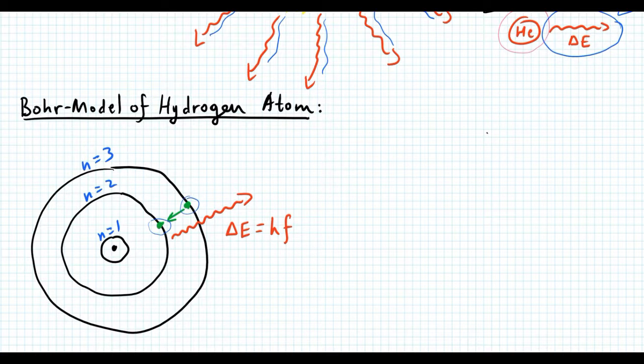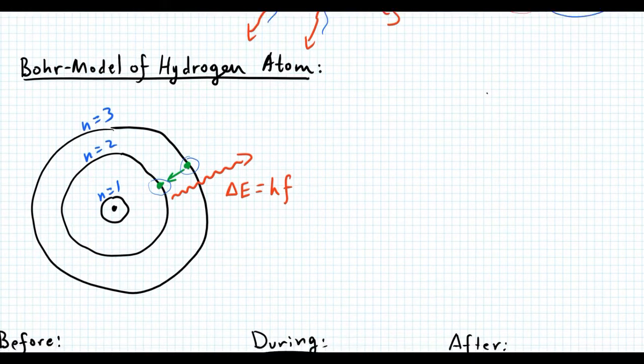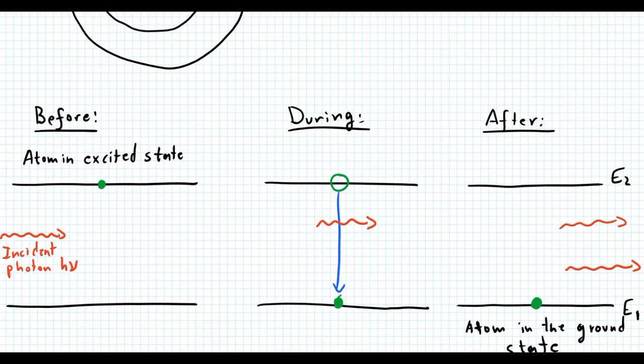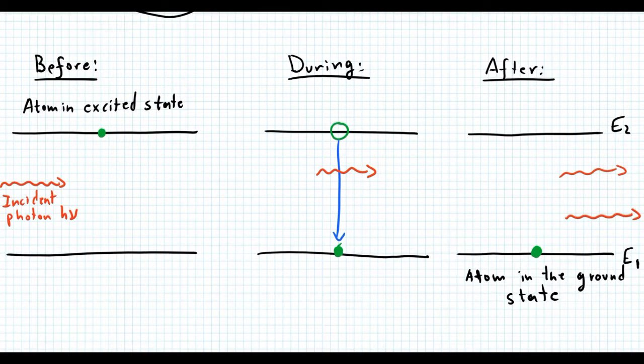But for the next part, you can not pay attention. It's just me trying to give you more insight into what's happening. So let's say we take a quantum mechanical model over here. Suppose we have an atom in an excited state where we have an electron in some high orbit, a high level shell, and then we have an incident photon that comes, hits this electron, and forces it to go down to a lower energy level.